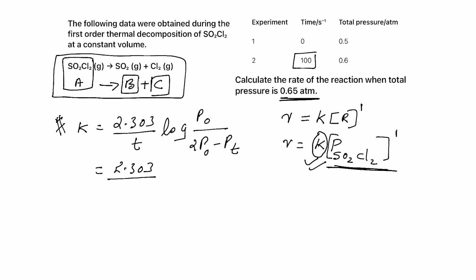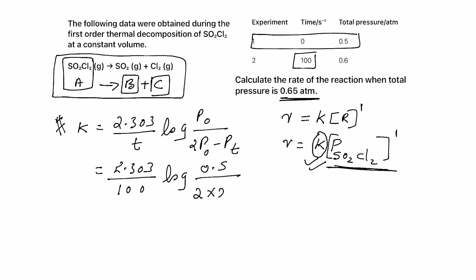It's 100, right? 100 log. What is initial pressure? See, when time t is equal to 0, pressure is 0.5, so P0 by 2 times initial pressure minus Pt. When time t is equal to 100, pressure is 0.6.